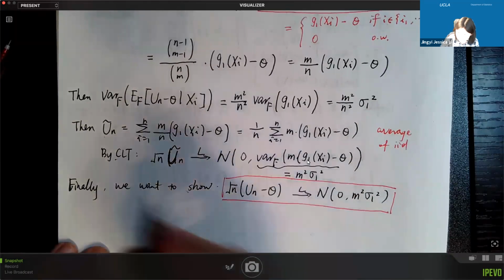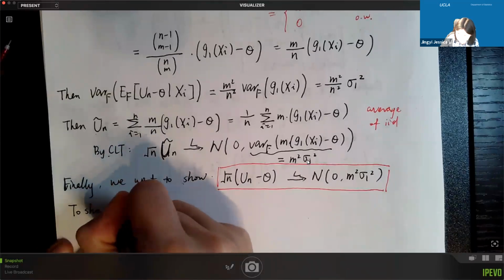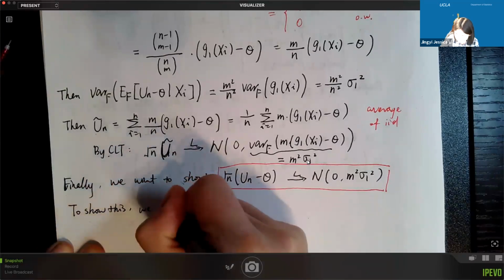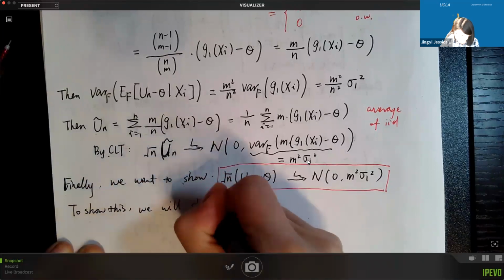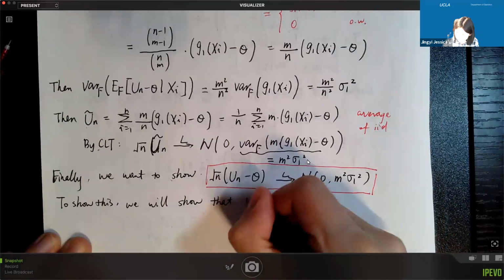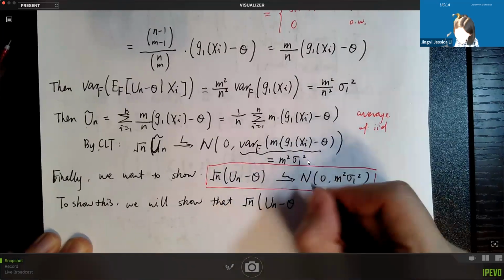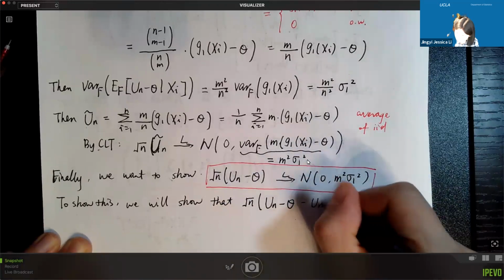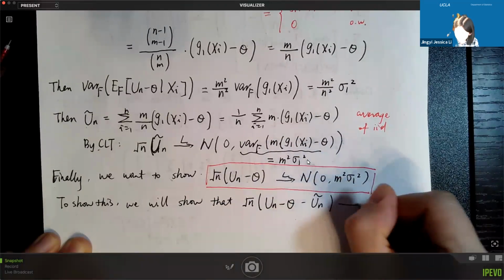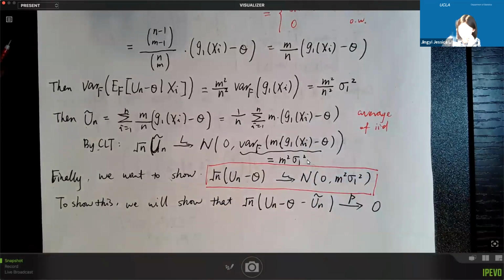So to show this, we will show that root n of Un minus theta minus Un tilde is converging in probability to 0. That's what we're going to show.